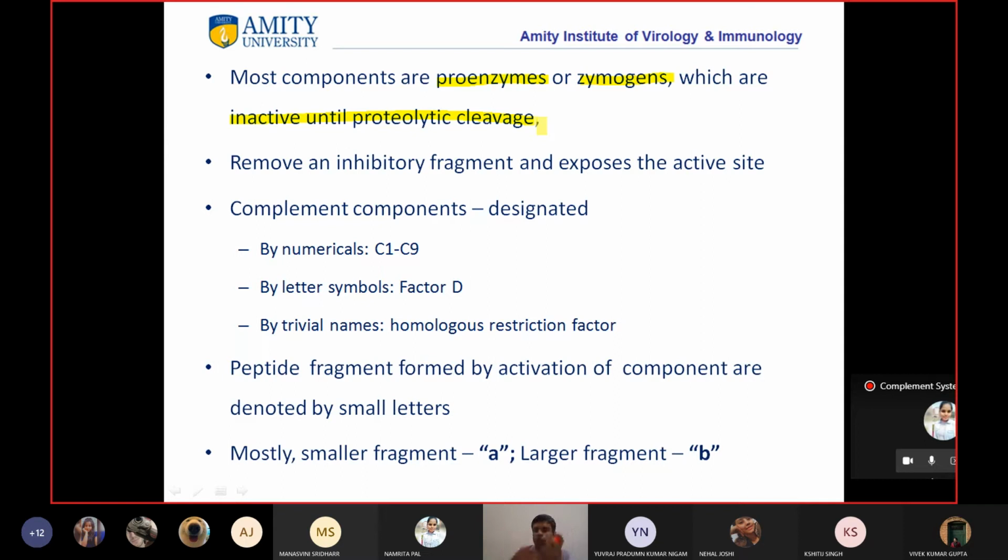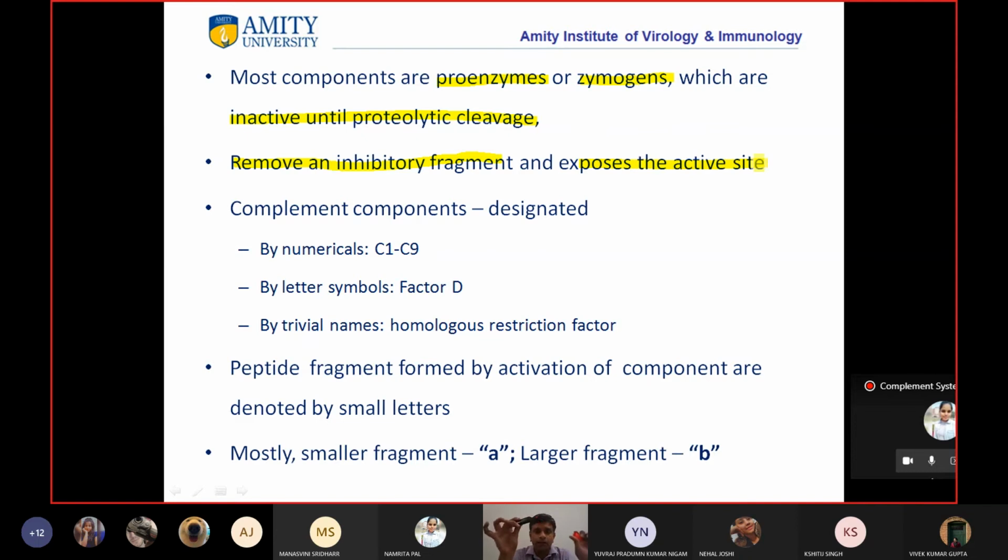So what happens? Most components are proenzymes or zymogens, which are inactive until proteolytically cleaved, and it removes an inhibitory fragment that exposes the active site. So now this complement protein is in its active form.